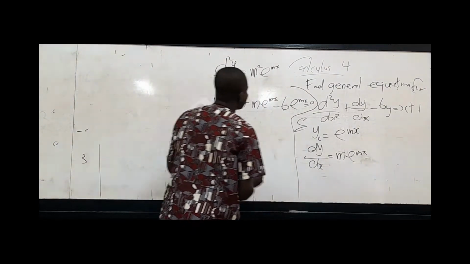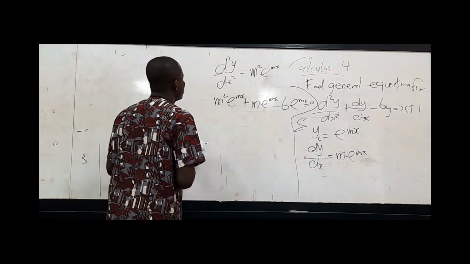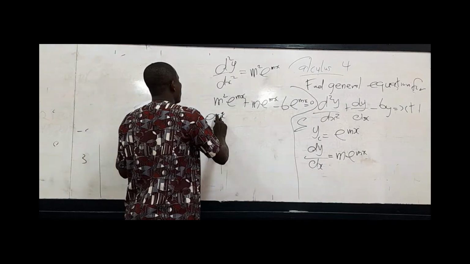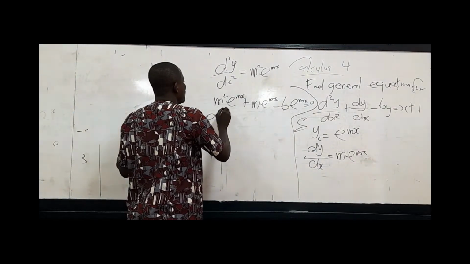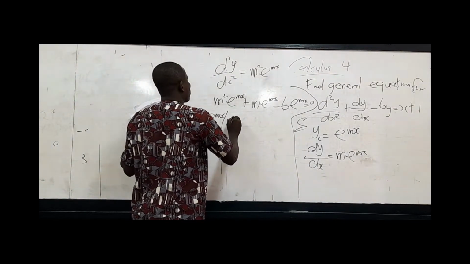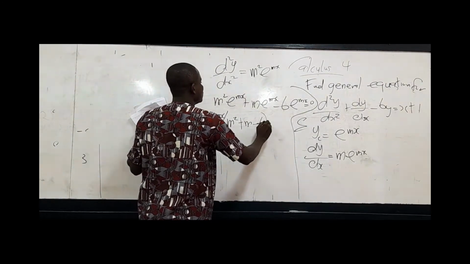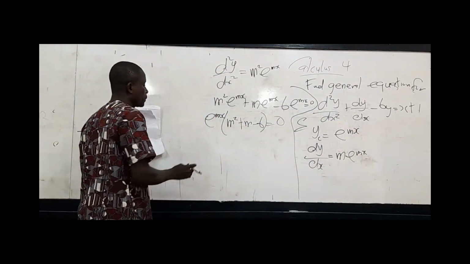Please note this. So we have e^(mx) into bracket m squared plus m minus 6 is equal to 0.